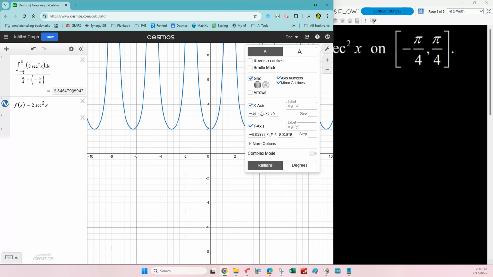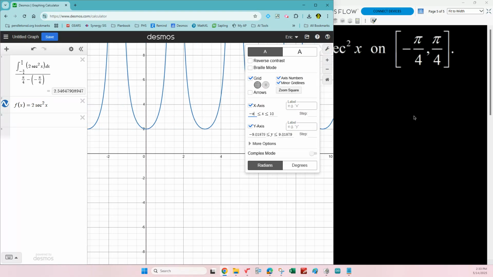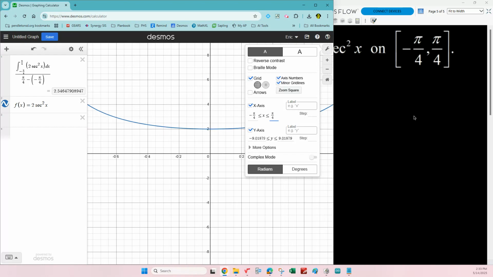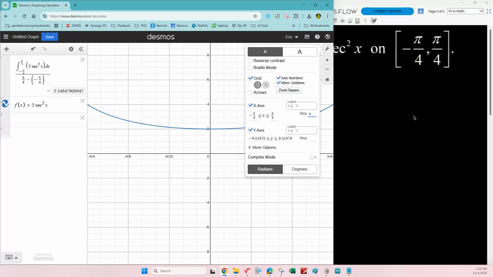Yeah, negative pi over 4 to pi over 4, right? So we're going to go from negative pi fourths to pi fourths, and we'll go in steps of pi fourths. So there it is.